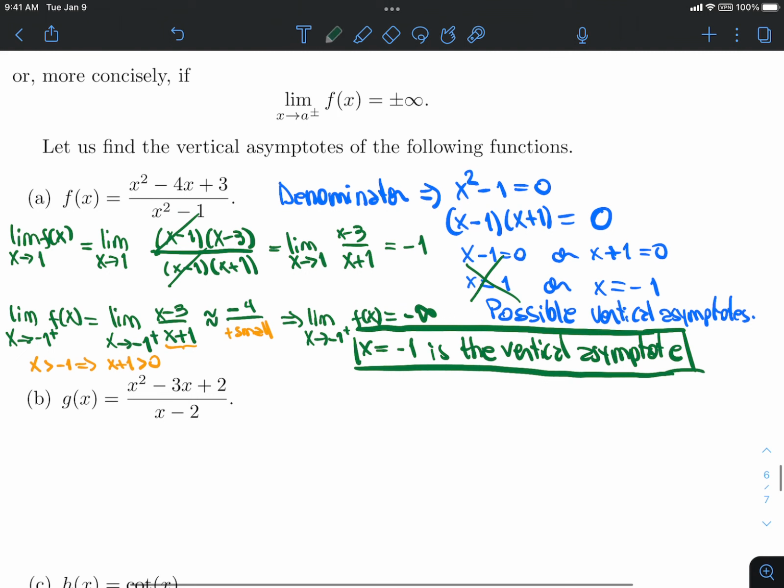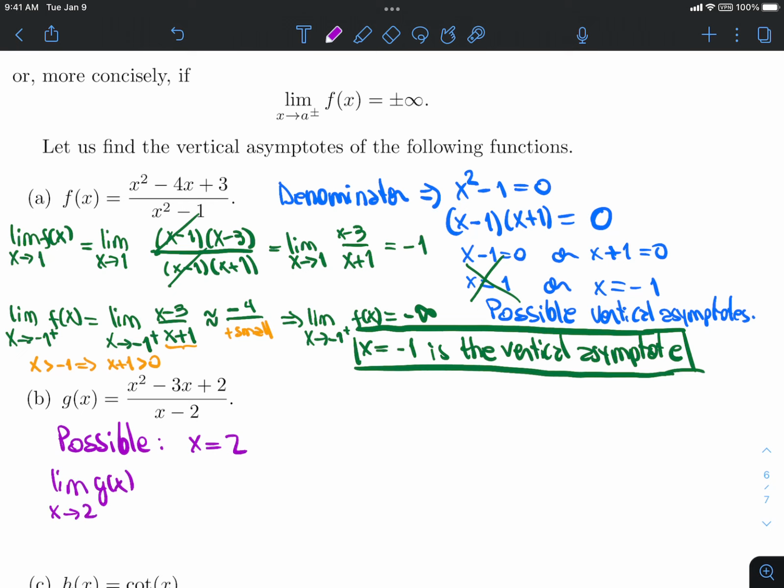See what happens there. The only possibility for us to get a 0 at the denominator of g would be x equals 2. So the possible vertical asymptote is x equals 2. So we're going to see what happens when we find the limit of g of x when x approaches 2. I factor the top.